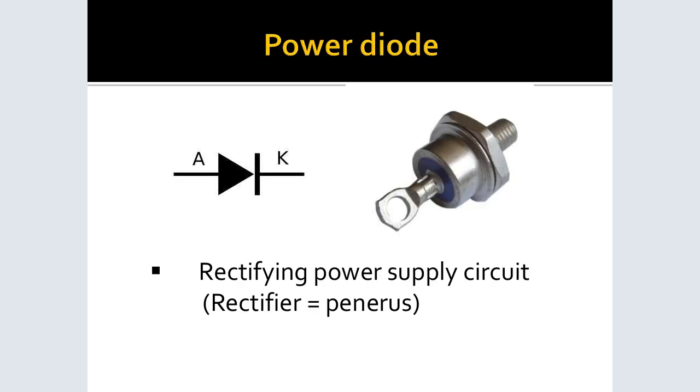So let's look at the application of diodes. Application of diodes, this one is going to be very short. So we've known what it is and how it is made. Number one, I said, was rectification.